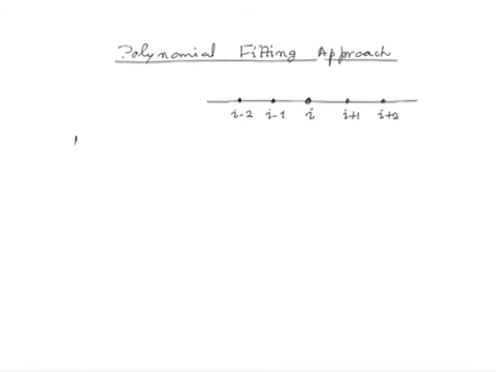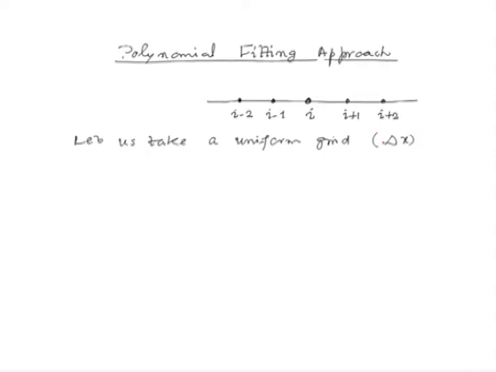For the sake of simplicity of derivation, let us assume a uniform grid, with grid spacing delta x.